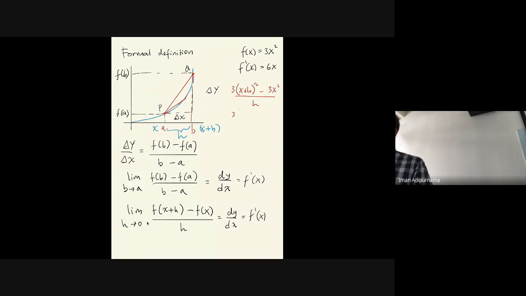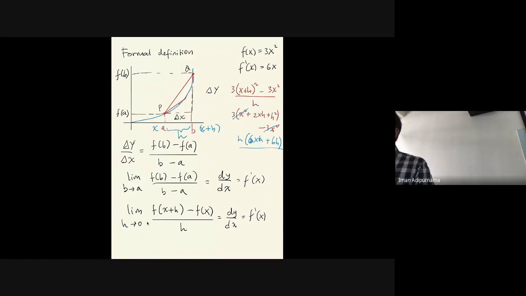6x. You need to expand this 2x 8 plus 8 squared minus 3x squared. It will getting that you can getting out the 6x plus 6h, right?